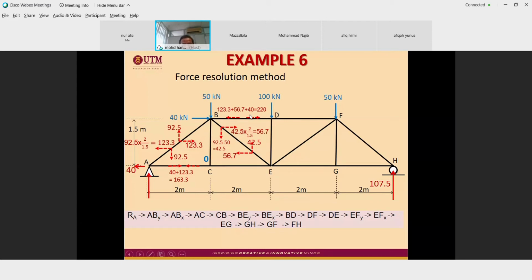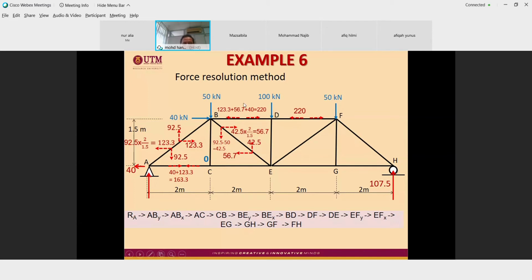Once you know BD, it is very easy, you can also know the force in DE and DF. 220. What about DE? Because this is 20 and this is 20, DE should be equal to 100.